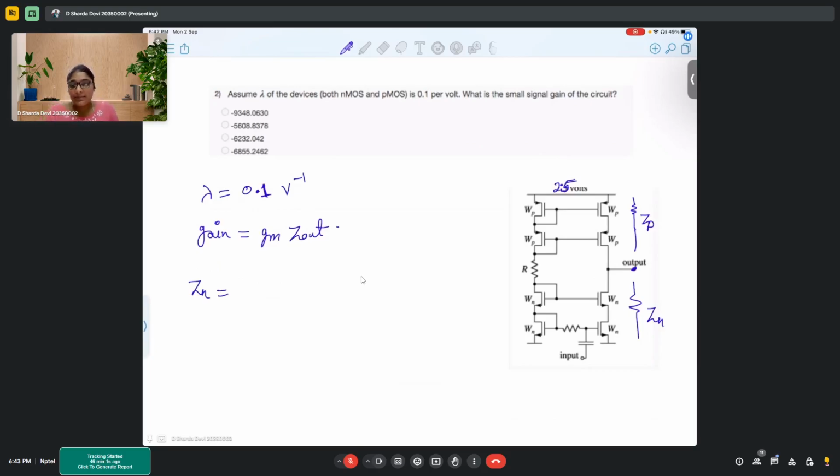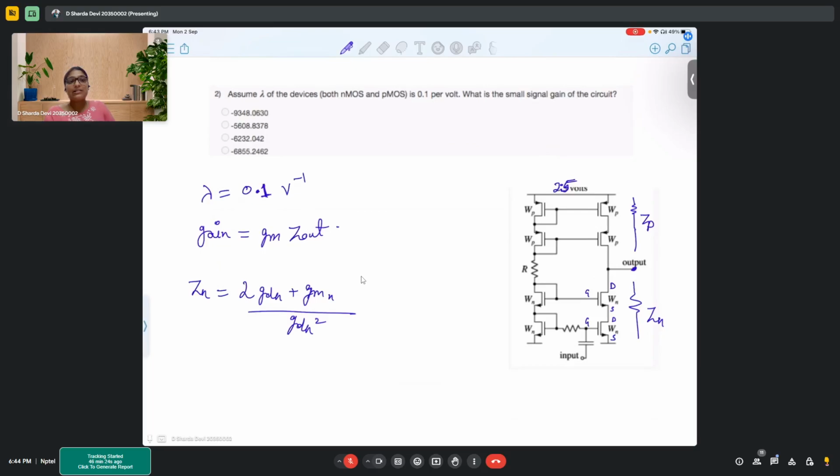When you analyze them, Zn turns out to be (2GDN plus GMN) upon GDN square. Here this is gate, source, drain, and this is source, gate, drain.